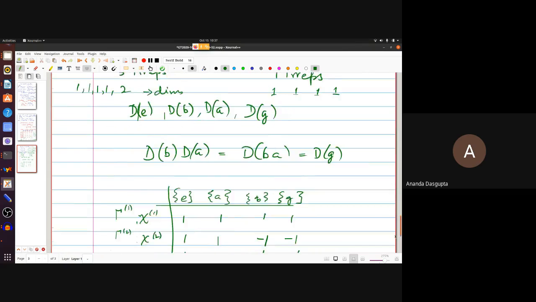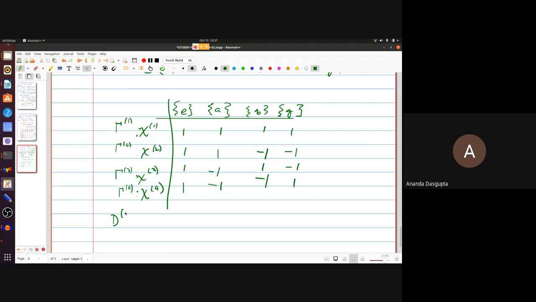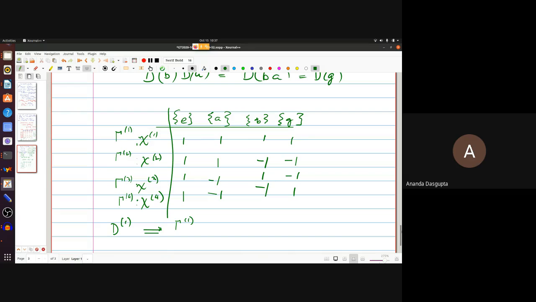So which one is that here? T1 has to be an irrep here. Which one? Gamma 1. Of course, gamma 1. But my question is, if you took D1, D2, D3, D4, which ones among gamma 1, gamma 2, gamma 3 and gamma 4 could not figure there?